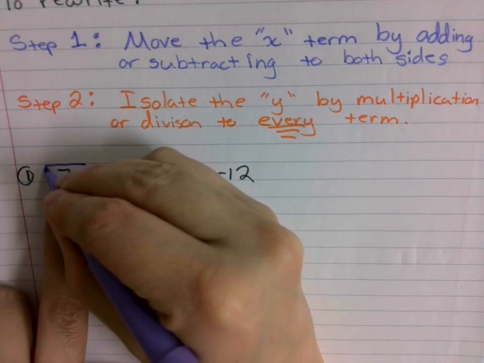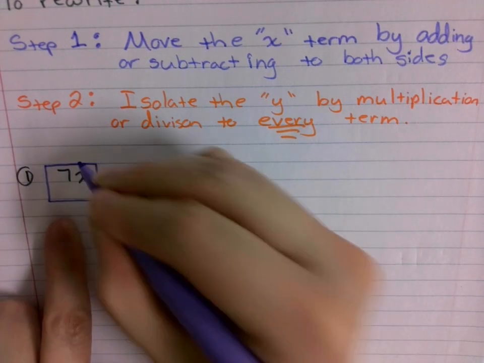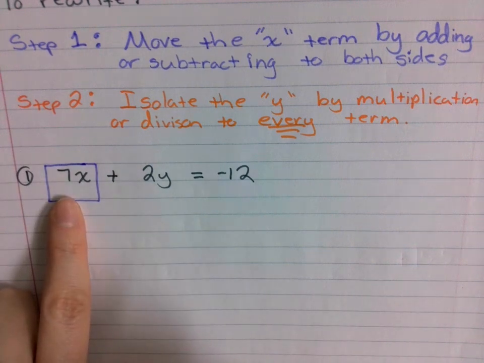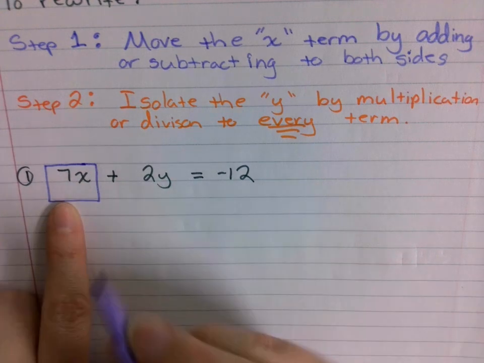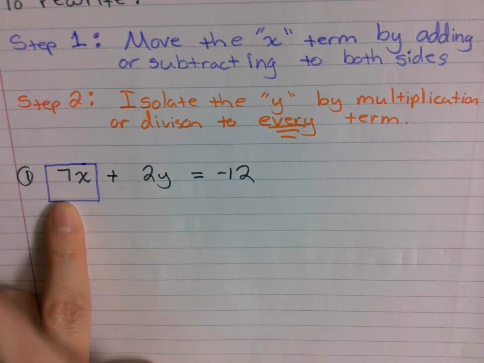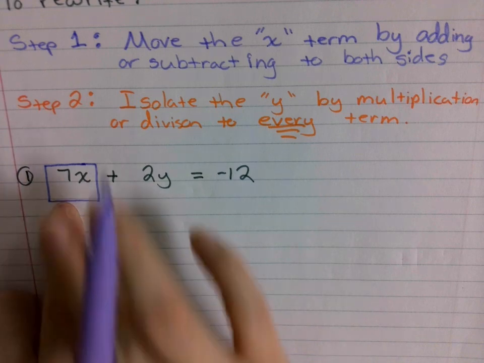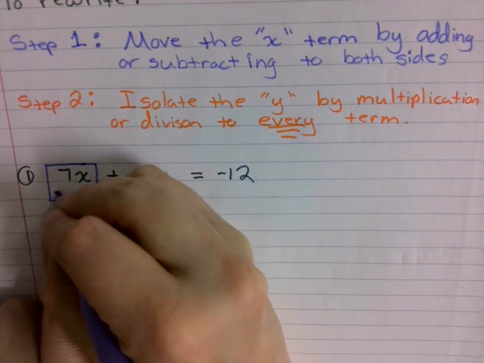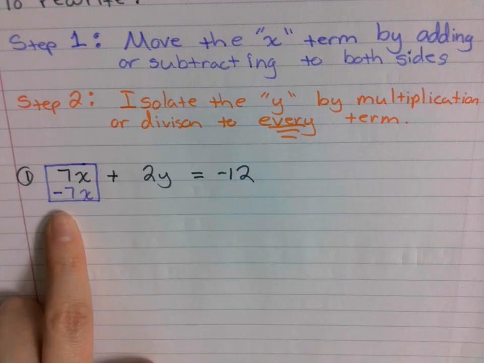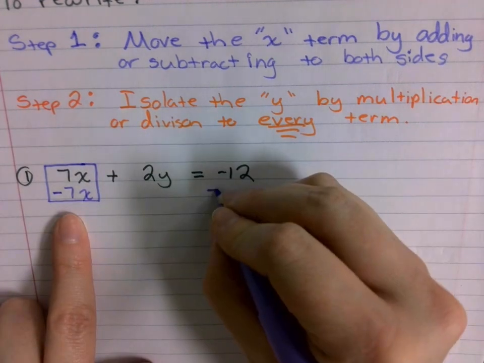Am I going to add 7x or am I going to subtract 7x? Subtract, right? If I do 7x plus 7x, does it get rid of it? No. So that defeats the purpose. You want to make it go away here and move it over to the opposite side. So we're going to subtract 7x on this side and subtract 7x on the right.